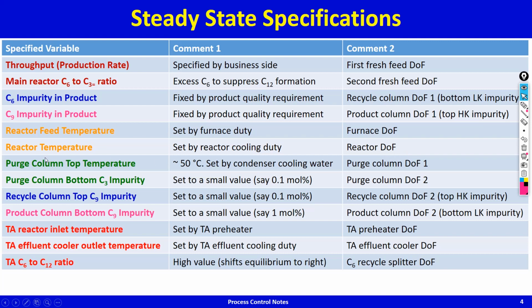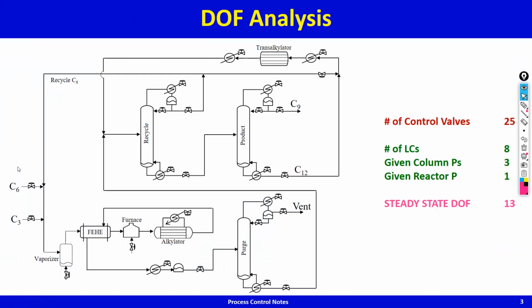Cooling rate. Now let's get to the purge column, because as far as condensation goes, this degree of freedom, the cooling rate, is going to set the pressure of the gas loop, the main reaction vapor loop.